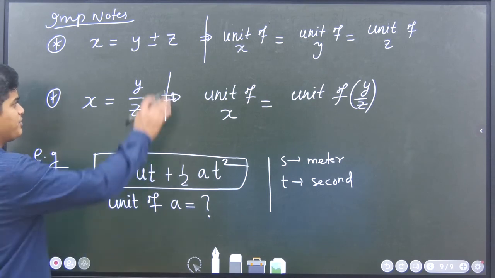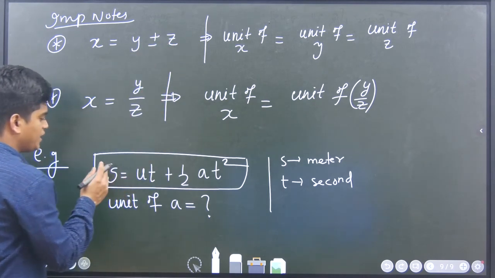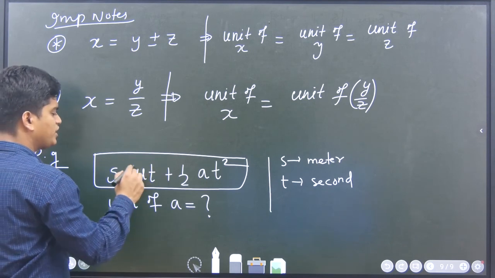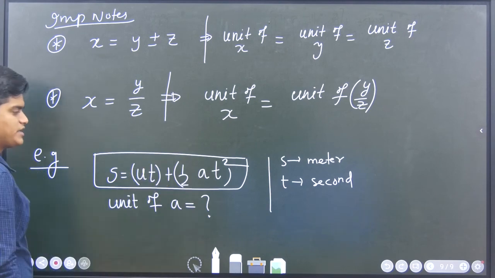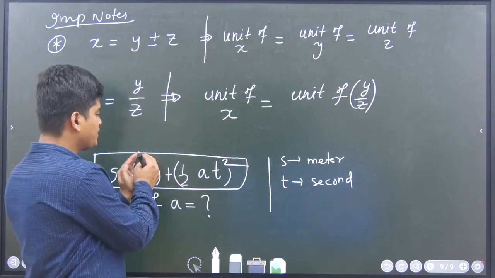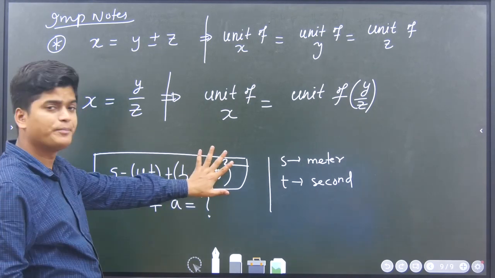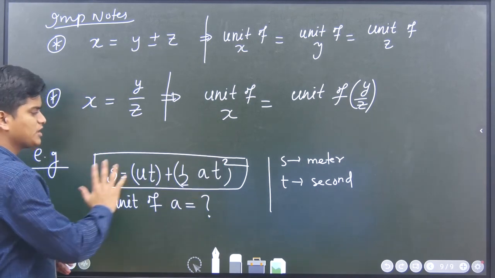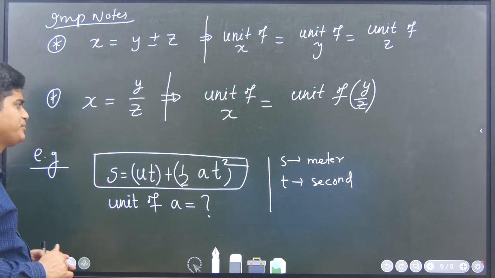But understand in terms of this, if you are trying to get it, here you see s equals some ut, some quantity, added with another quantity. Then this quantity should be distance, and this quantity also should be distance, or its unit should be meter, because s is in meter. So this should also be in meter, and ut also should be in meter.